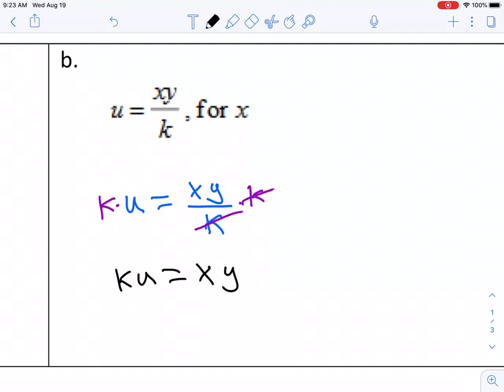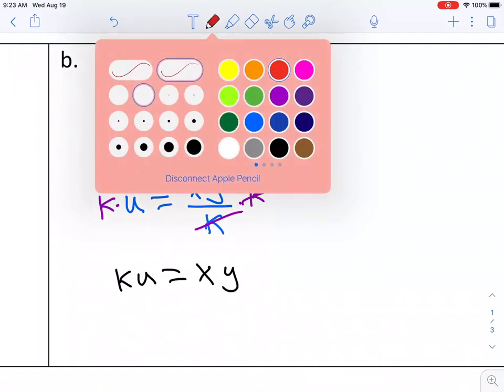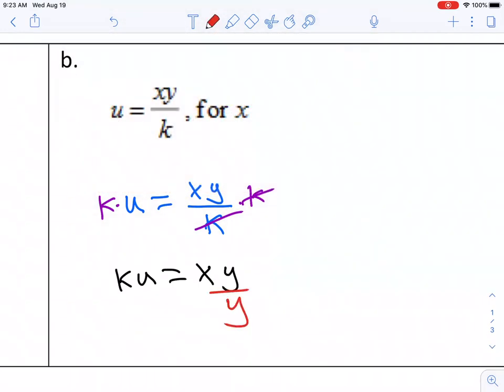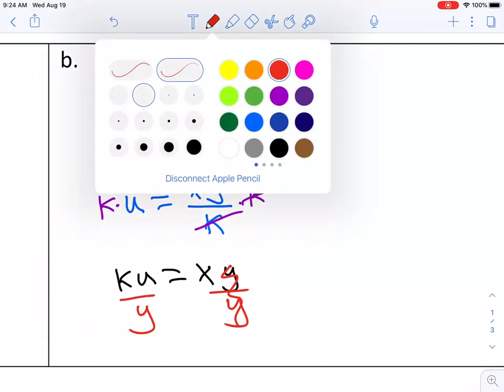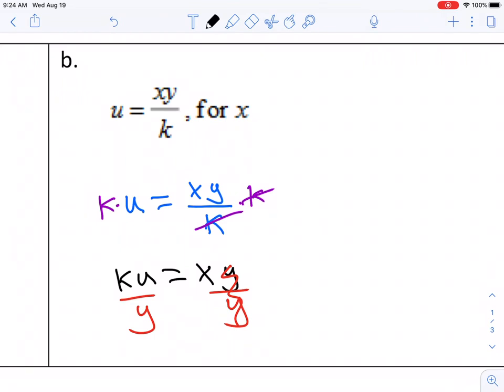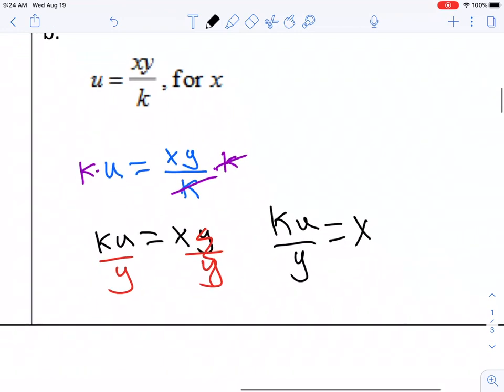Now if I need to get x by itself, from here I can divide y to both sides. That'll make those cancel out so that ku over y, sorry, that u looks like a y, equals x. I'm also allowed to write it the other way around. X equals ku over y. So either way would work, okay?